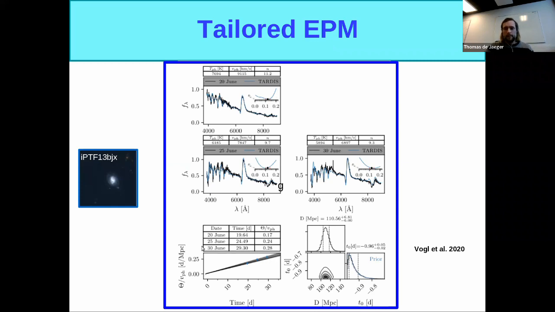So then you can apply the EPM, so you can calculate theta divided by V over time. Here you have 3 points, not so many, and you can do a fit of this and measure the distance. So you obtain a distance without any calibration. So from this you can derive directly the Hubble constant.